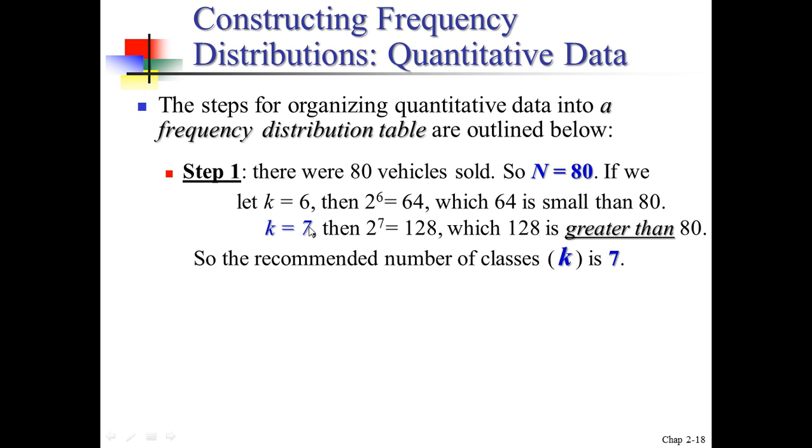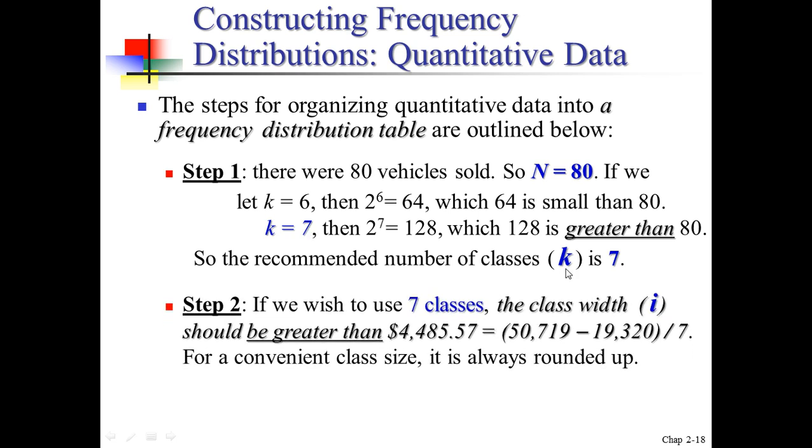That's why I take 7, not 8, not 9, not 10. Step 1 is done, I can find k equal to 7. Step 2: if we wish to use 7 classes, the class width I or class interval should be greater than this number. How can I get this number?